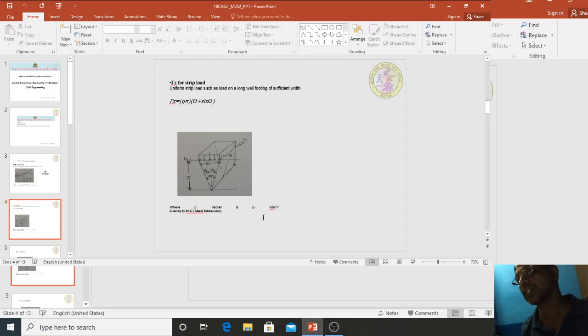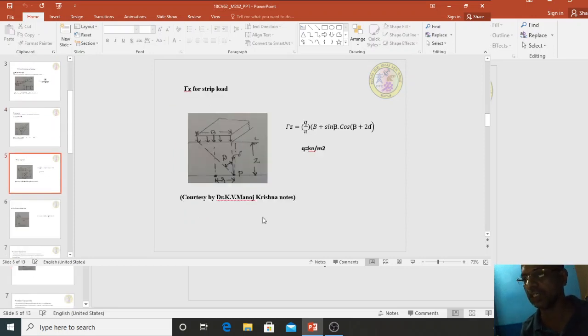Then sigma z is equal to Q by pi into (theta plus sine theta). We can use this equation to calculate the value, where Q is in kilonewton per meter square.